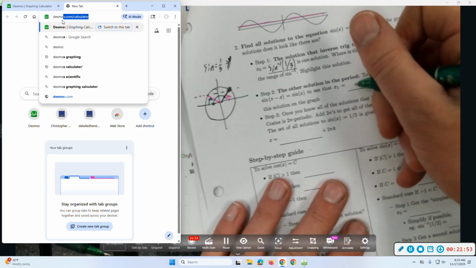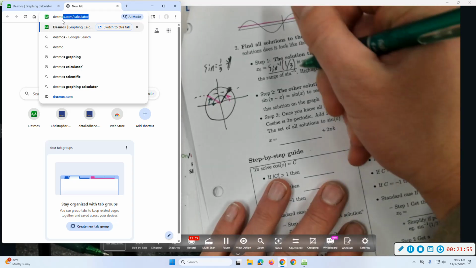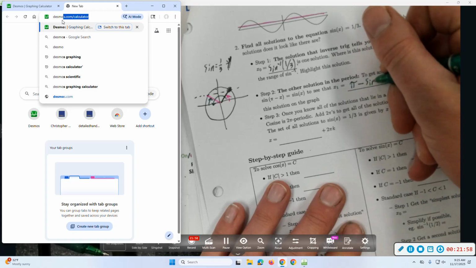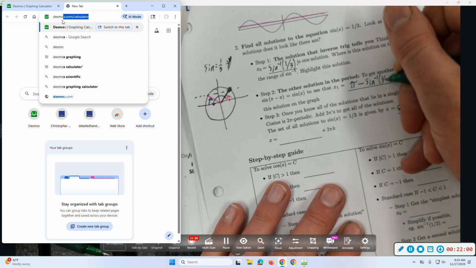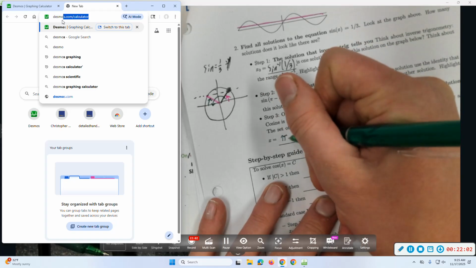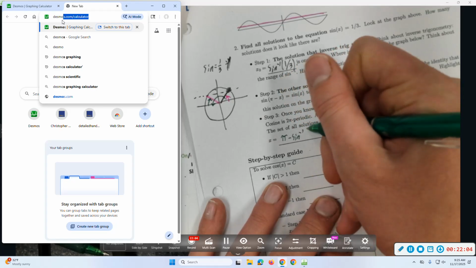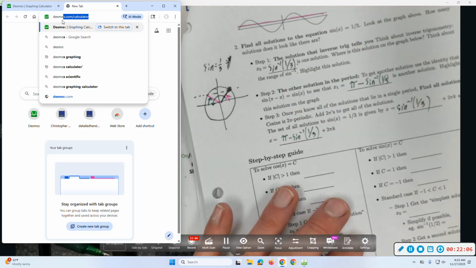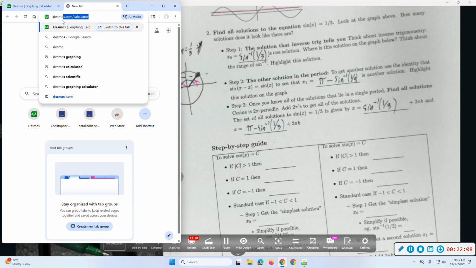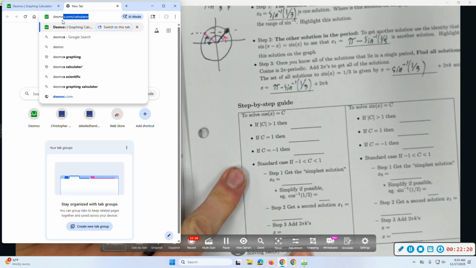So second solution, pi minus the first solution, plus 2 pi k. Cool, now you found all the solutions. So, in general, does this seem basically like an algorithm? Yeah, I think so.